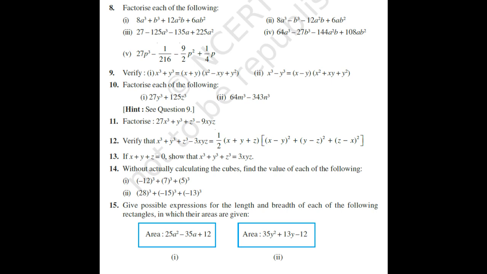Moving to question number 12. Question number 12 is asking us to verify one more algebraic equation.